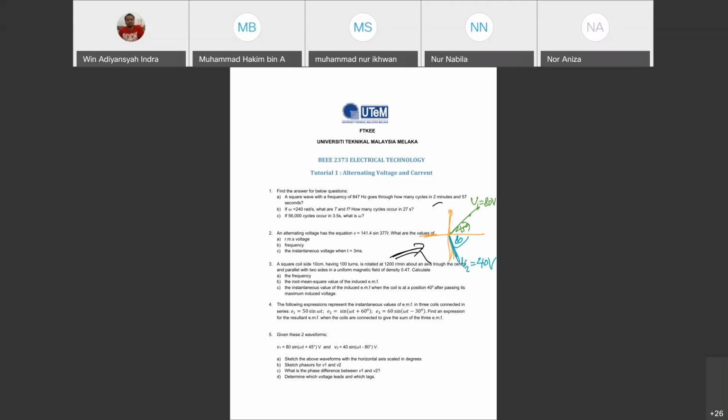Let's see now. We find the horizontal component first. Horizontal is the x-axis.